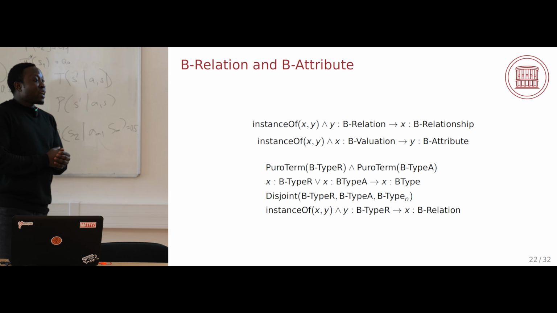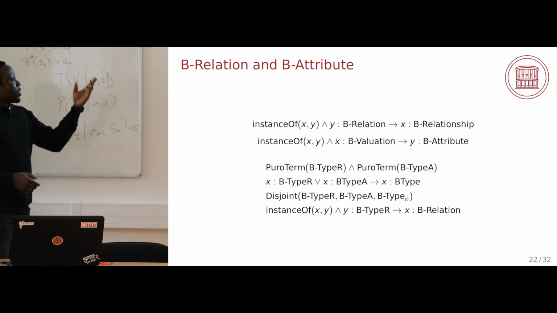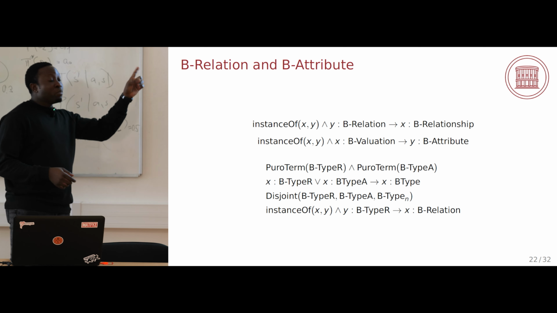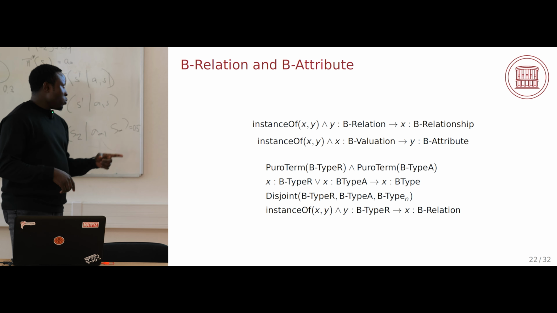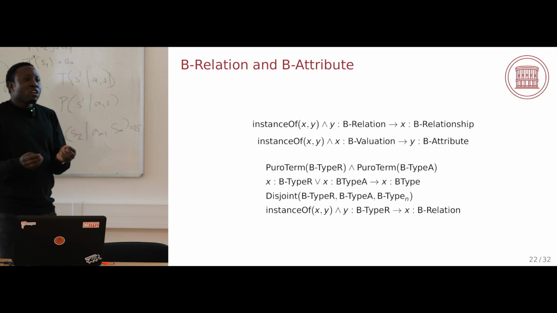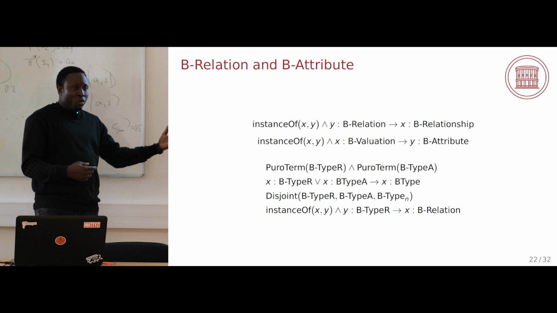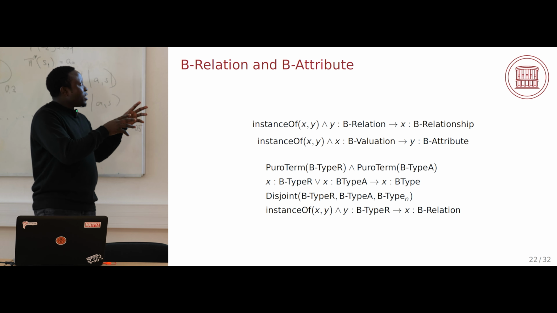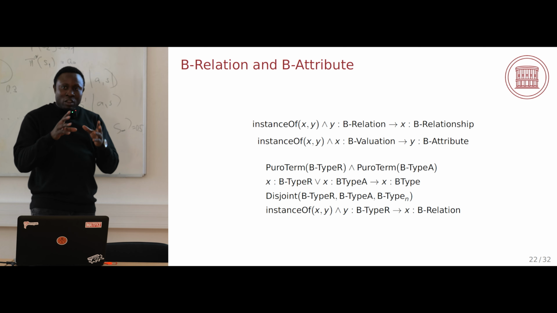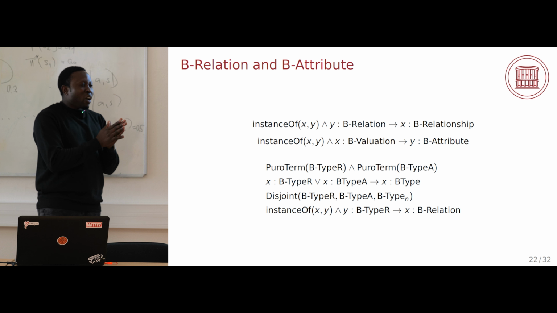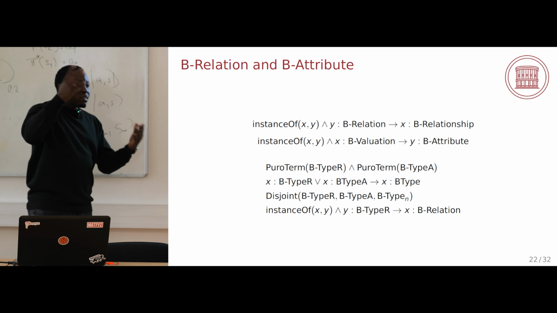So we also try to axiomatize the universals, B relation and B attributes. Like I said earlier, instances of B relations are B relationships, and instances of B attributes are B valuations. These are universals, so they also give us another form of type. For a class of B relations, we call them B type R, and for a class of B attributes, we call them B type A. These are different from B type 1, B type 2, B type 3 and the rest.